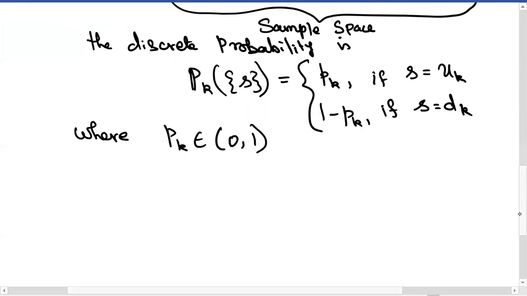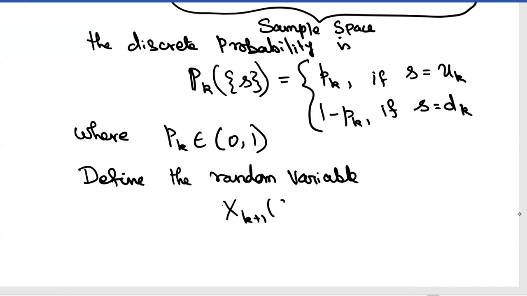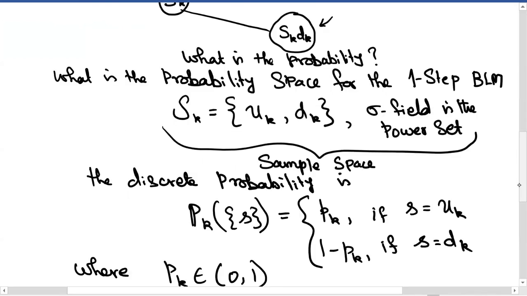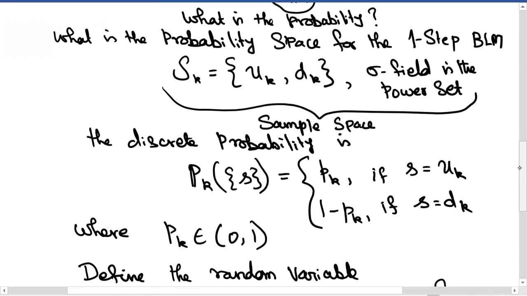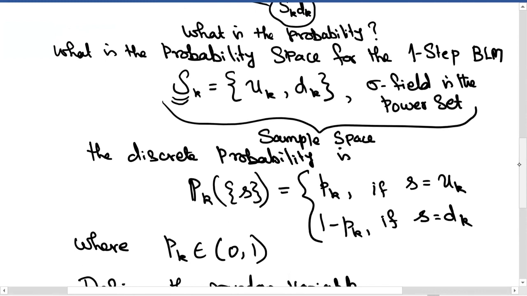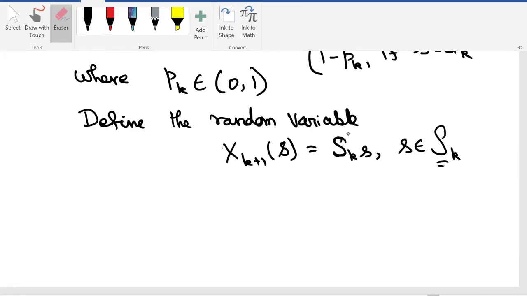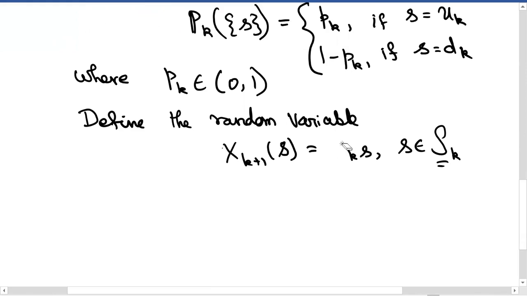Also define a random variable Xk plus 1 of S equal to Sk into S, for S belonging to the script Sk. This is the script Sk, and this is the usual letter Sk. I think there is a confusion in the notations. Whenever I talk about the sample space, this is script Sk, whereas this is our stock price Sk, which I will write like this.